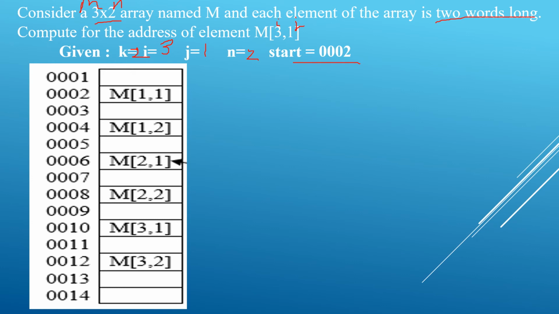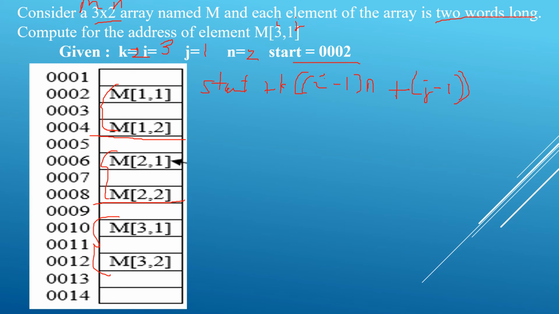Now, since the manner of storing these elements is row major, because we have here row 1 first, yeah? Then row 2, then row 3. Okay? So that's the row major. So using the formula for row major, we will have start plus k multiplied by the term i minus 1 times n, plus j minus 1.